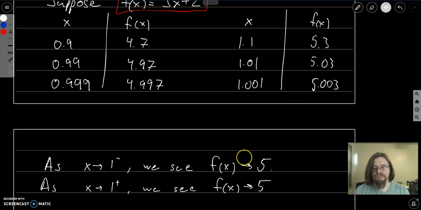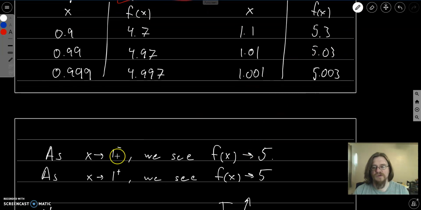And we can see that as x approaches 1 from the left-hand side, so we plug in numbers like 0.9, 0.99, 0.999, our function is getting close to 5. And as x approaches 1 from the right-hand side, we're plugging in numbers getting closer and closer to 1 from the right-hand side. Again, we're approaching 5.